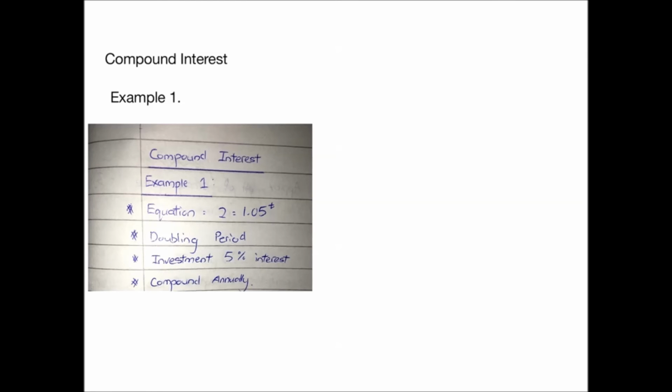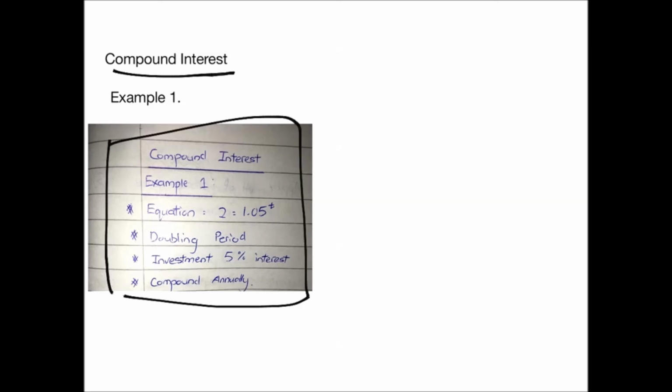Let's do a question about compound interest. So here's the question. Now we know the equation is given, which is 2 equals 1.05 to the power of t, and we know that it's the doubling period, an investment at 5% interest, compounded annually.